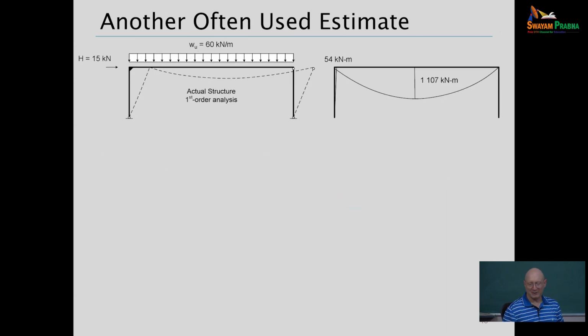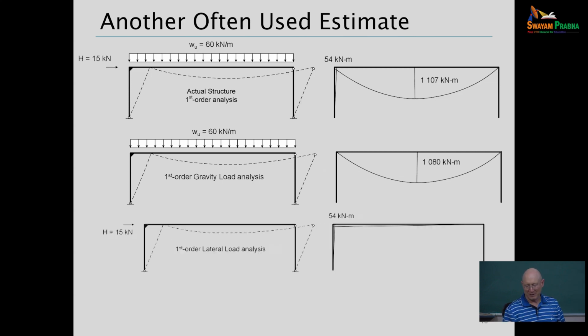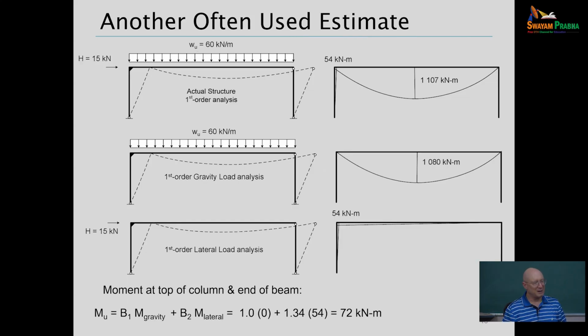Another way that is a near cousin of what I just showed you is to say, okay, I'm working in my design office. I'm going to do a gravity load analysis on my structure, and a lateral load analysis on my structure. Let me just take the gravity load analysis and hit the results with B1. I take my lateral load, hit it with B2, I get the same result.